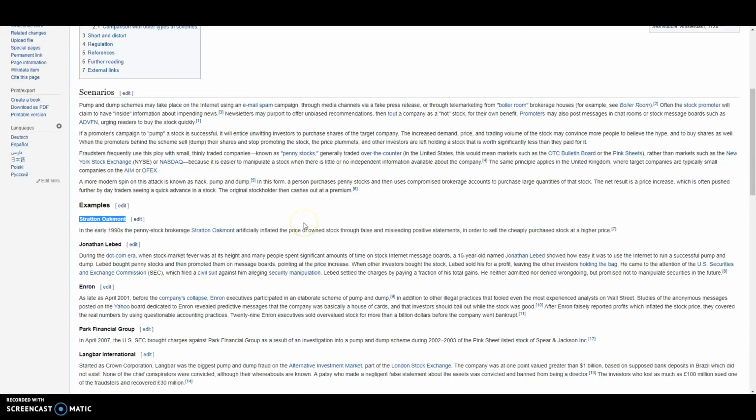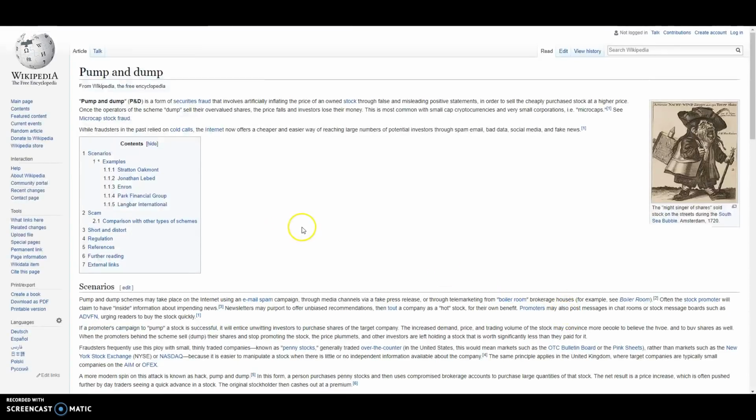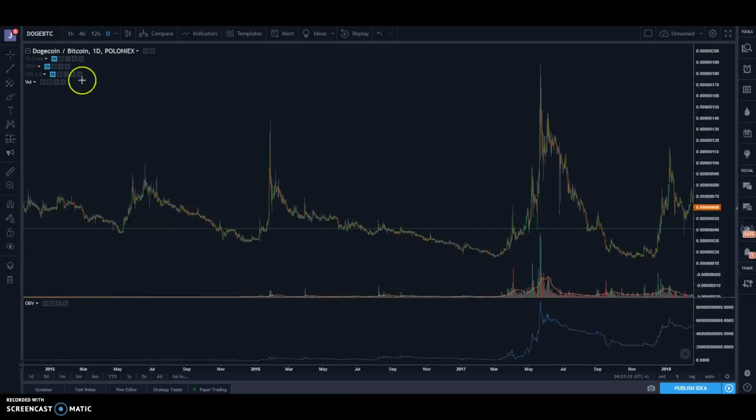If you remember the Wolf of Wall Street movie, Stratton Oakmont would call people in the public, a bunch of rich, dumb people, and get them to buy some crappy penny stock. Similar things are happening today in cryptocurrency, except it's just a different mechanism. We're now using Twitter and Telegram groups, and all that good stuff.